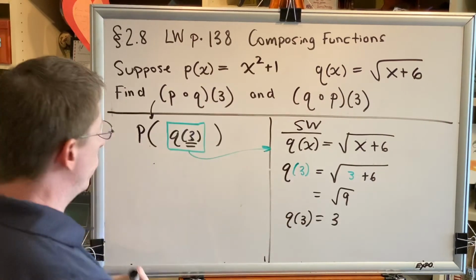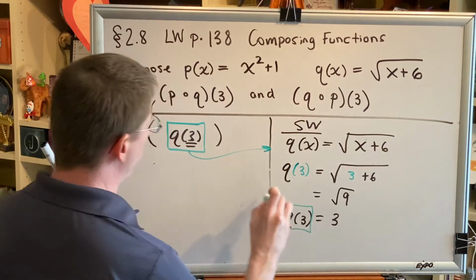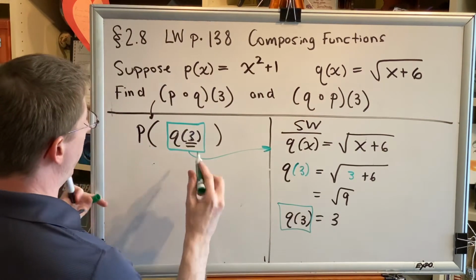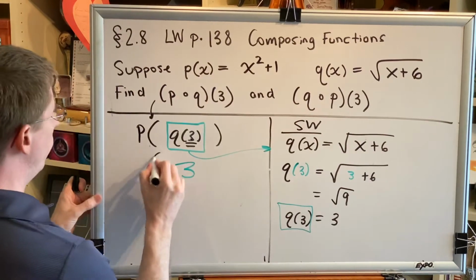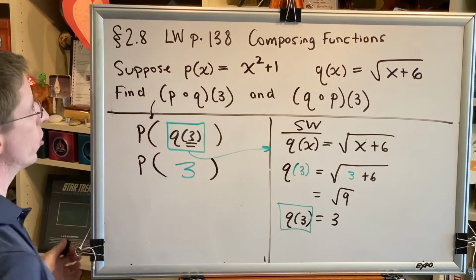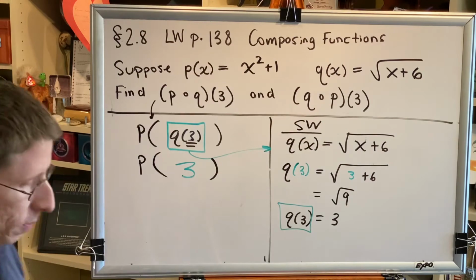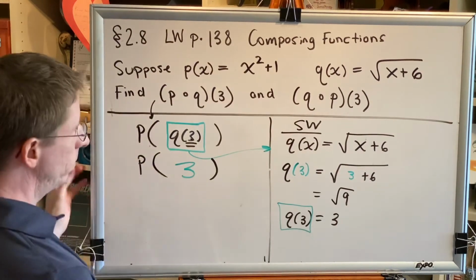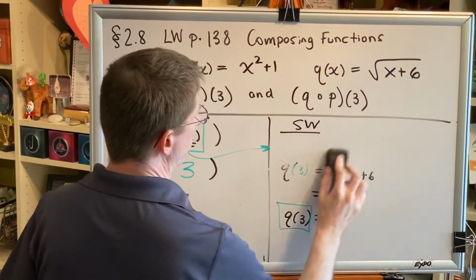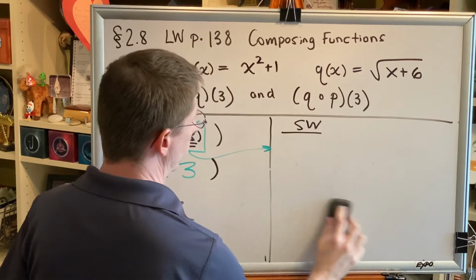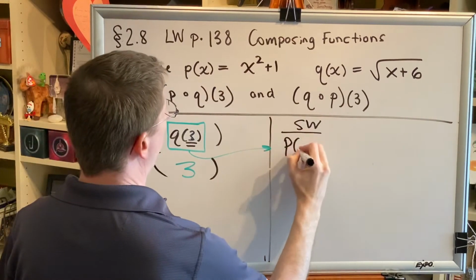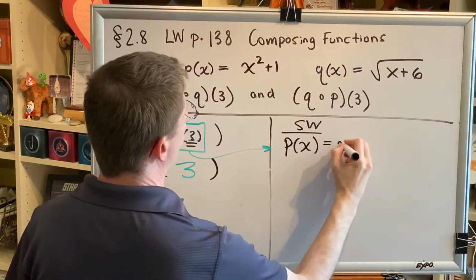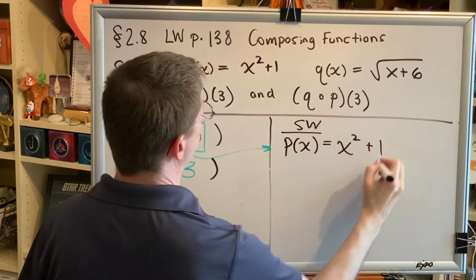So, q of 3, which is what we were looking for over here, can be replaced with simply the number 3. The rest of the problem is unchanged. Now we need to find what is p of 3. And again, we'll work in our side workspace. We know that p of x for this problem is equal to x squared plus 1.